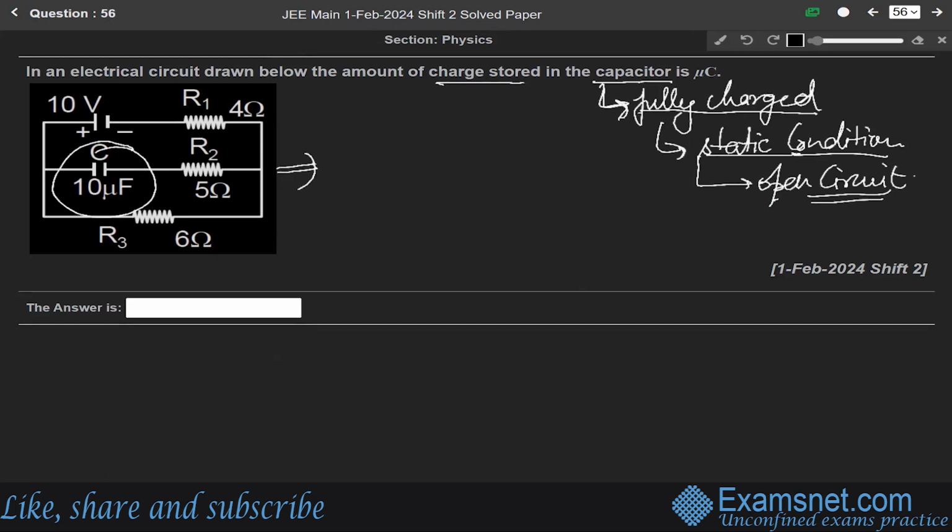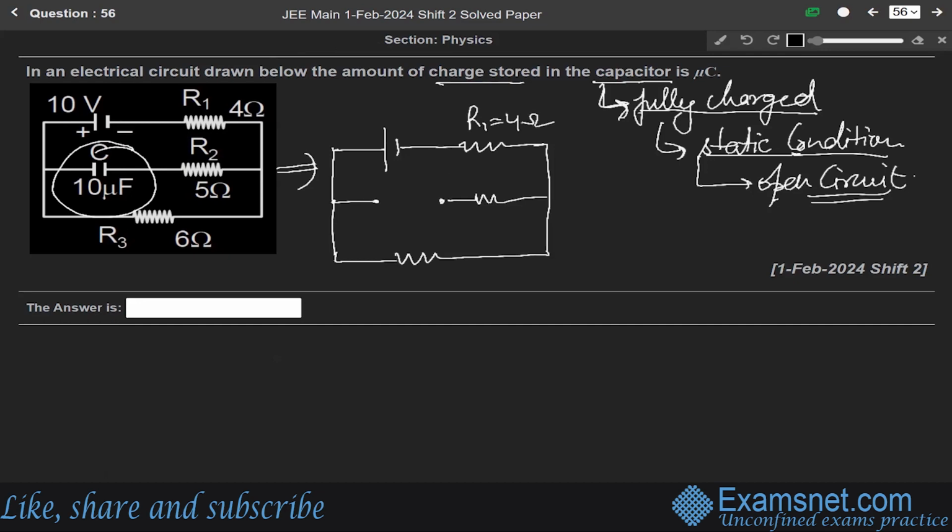Now this circuit becomes as, this is 10 volt, this is R1. Now let's see, this acts as an open circuit, this is R2, and this will be R3. This is of 4 ohm, this is of 5 ohm, this is of 6 ohm, and this is of 10 volt.